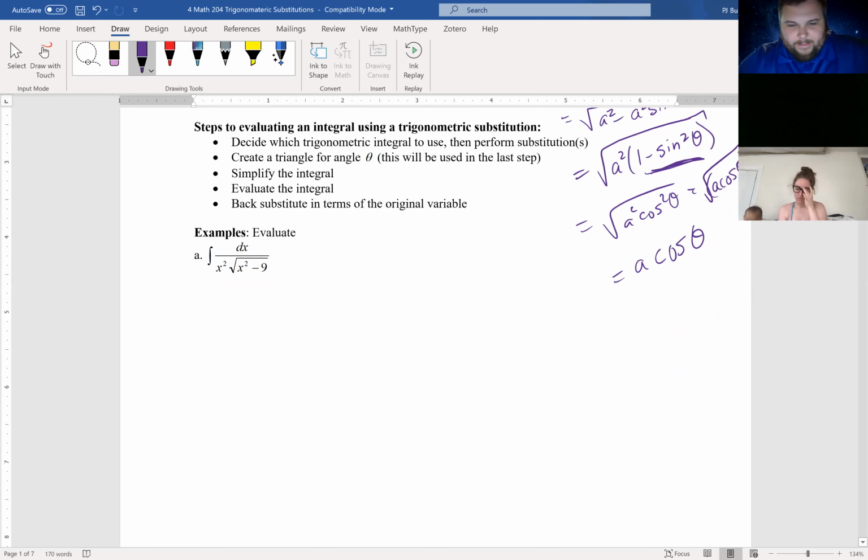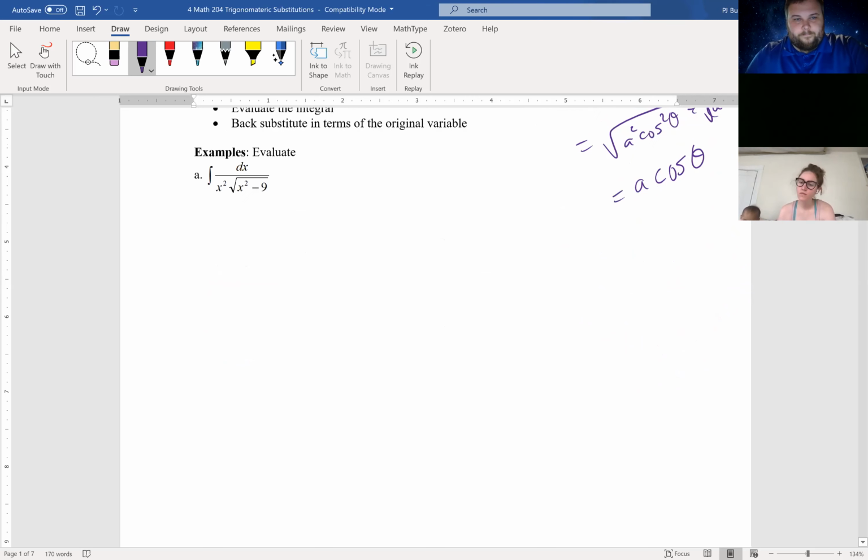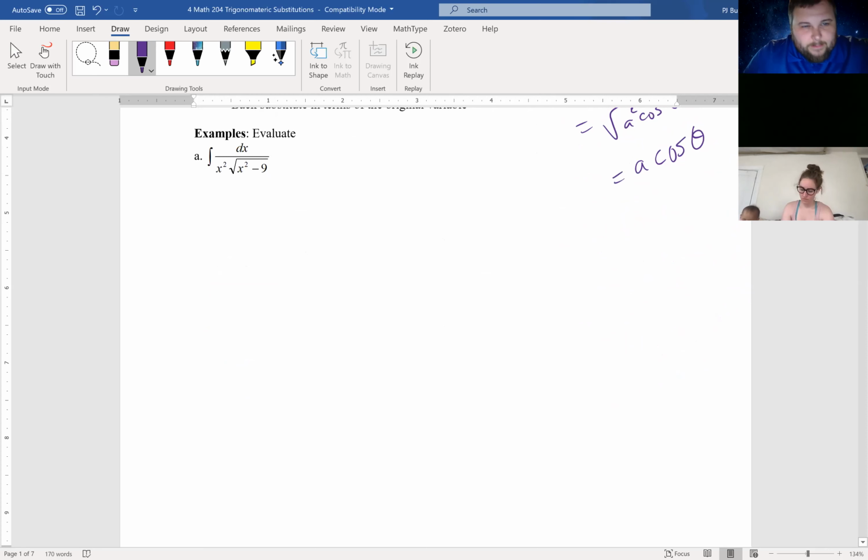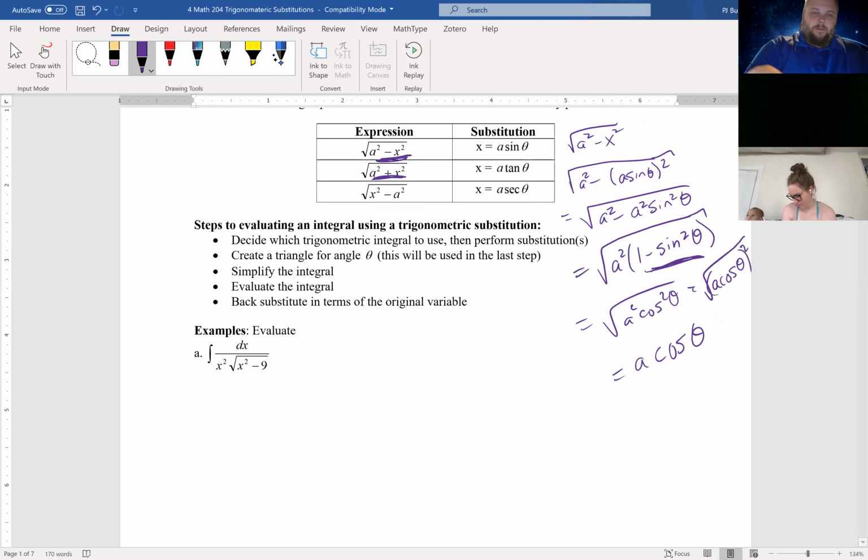So let me go ahead and demonstrate with the first problem here. It says we've got an integral, we've got x squared and the square root of x squared minus 9 down there. So if I quickly scroll back up, looking at the options, the form I should use here is the x squared minus a squared. That's this one right here.